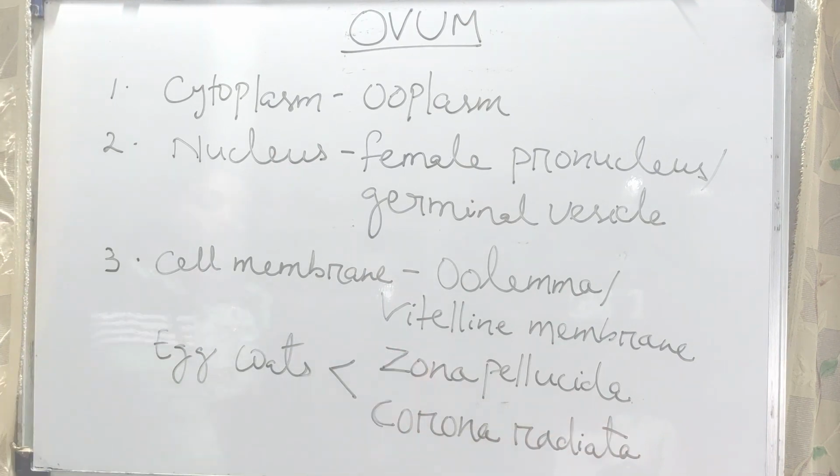So the innermost egg membrane is the vitelline membrane, outer to the vitelline membrane is present the zona pellucida, the outermost is the corona radiata. The zona pellucida is acellular, whereas the corona radiata is thick and it is the cellular egg coat.